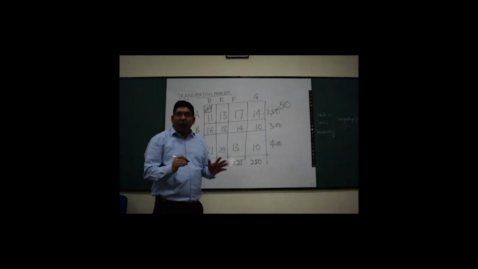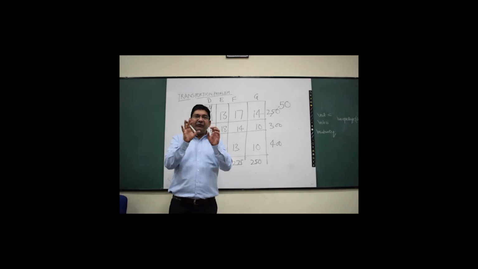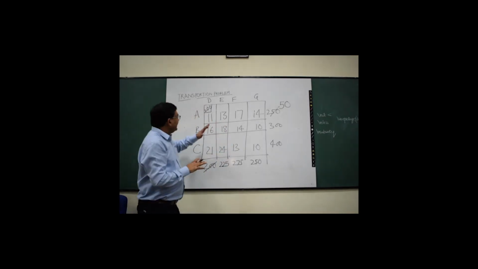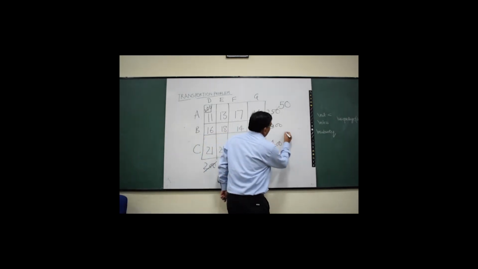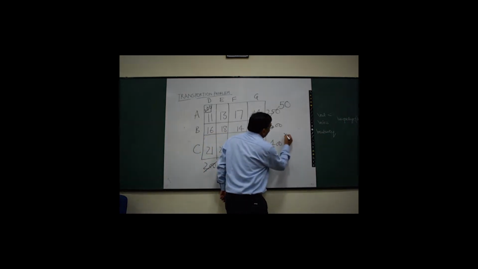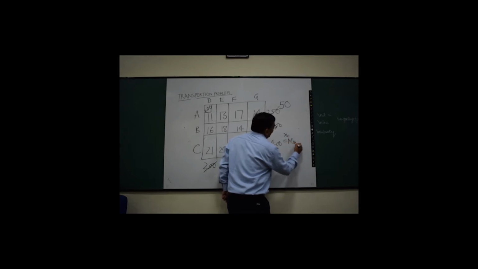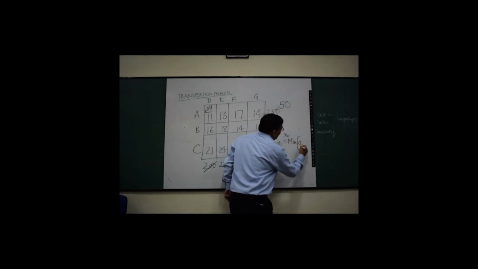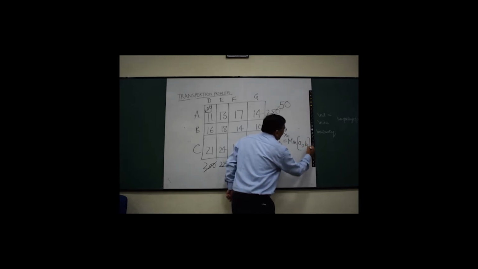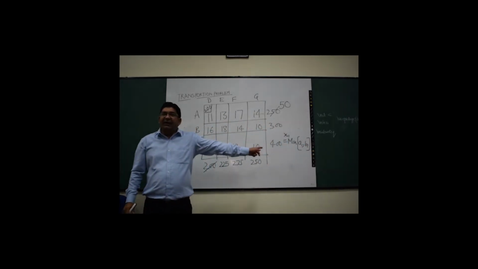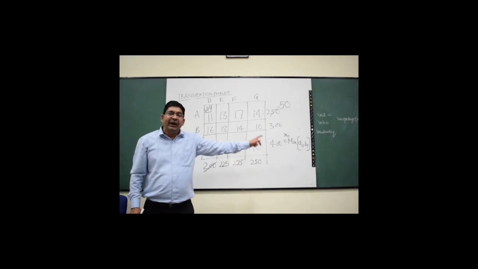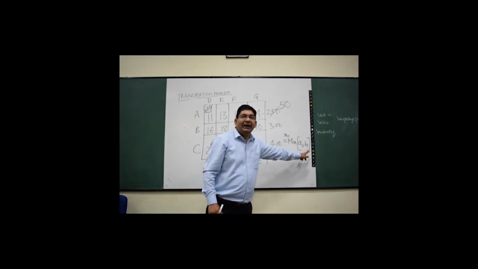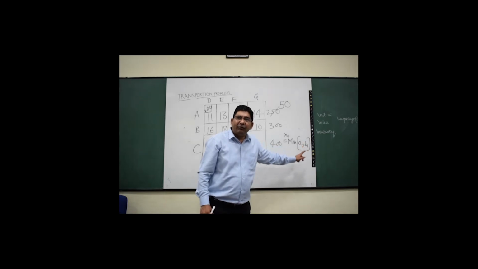Here we are left with 50. So what we do in the northwest corner method is take the cell at the extreme northwest and allocate x11 equal to the minimum of A1 and B1, where A1 denotes the availability at the first source and B1 denotes the requirement at the first destination.